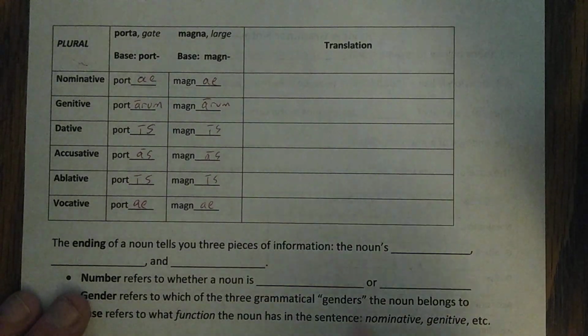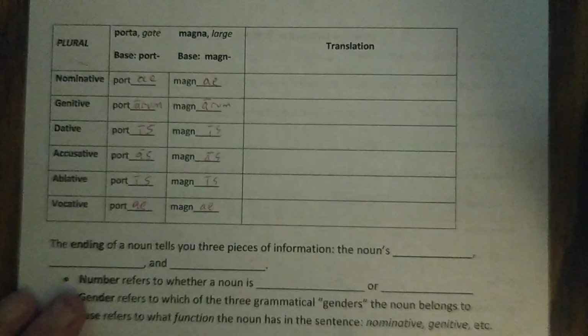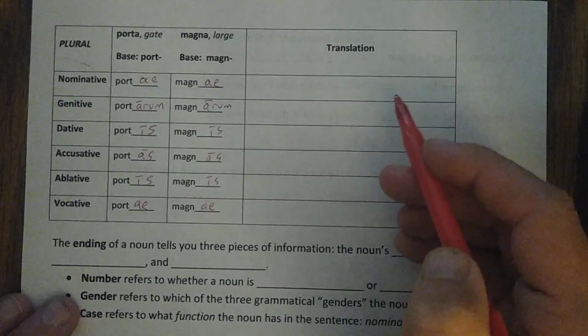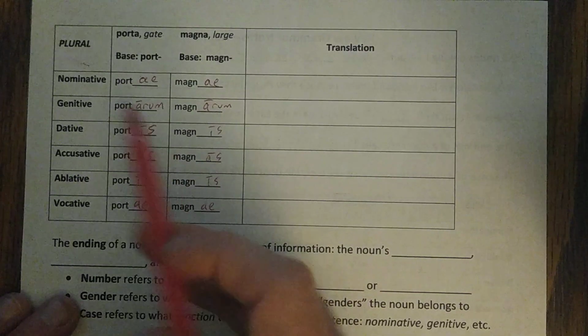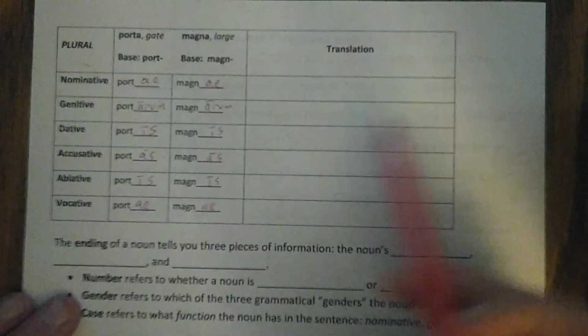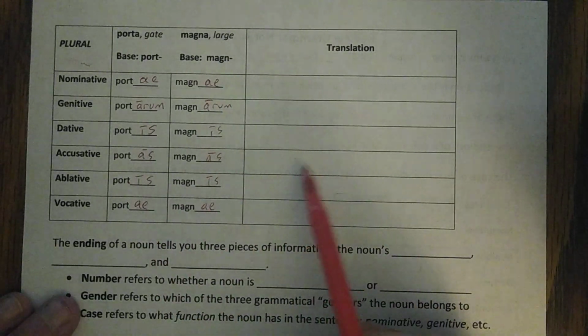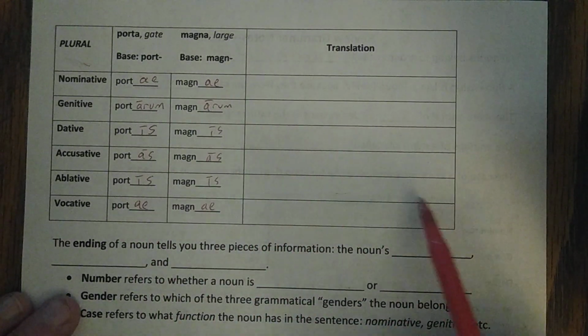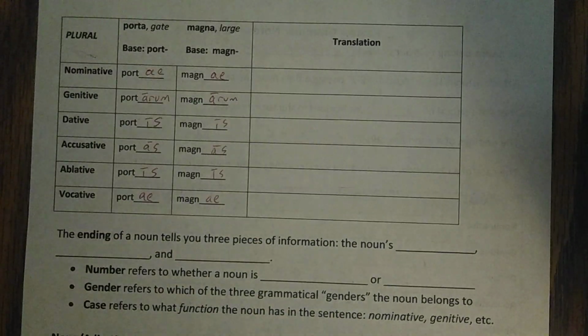Okay. And again, we'll go ahead and skip the translation here in the interest of time. But again, it'll just be exactly what was in the other chart with an S at the end. So, the large gates, of the large gates, to or for the large gates, the large gates, by, with, or from the large gates. And, hey, large gates. All right.